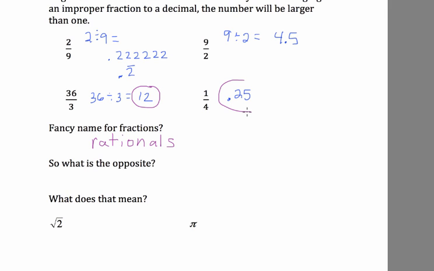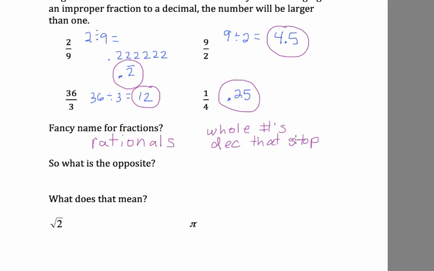These numbers here were the same as decimals that did not repeat, that just stopped. And then we had a decimal number that repeated. So when I think of rationals, I think of whole numbers, decimals that stop, and decimals that repeat.